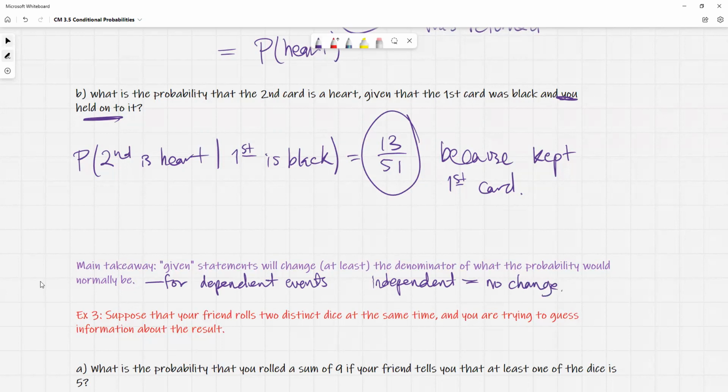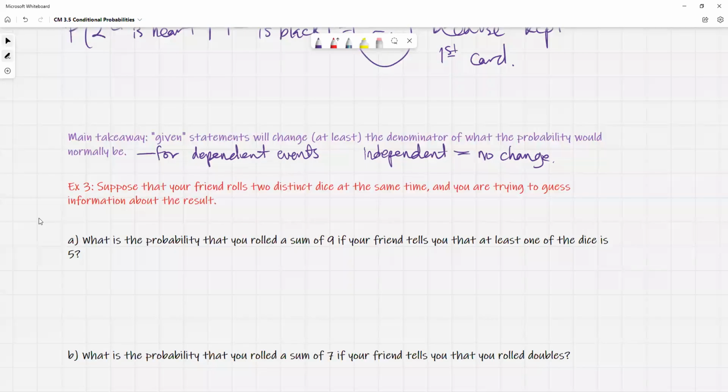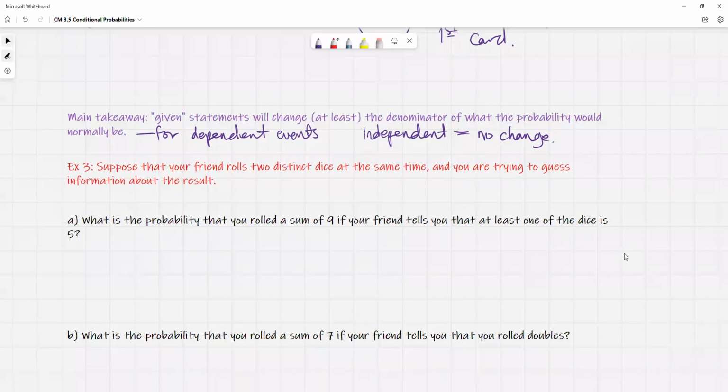Let's end with one more example. Suppose that your friend rolls two distinct dice at the same time, and you're trying to guess information about the result. First one: the probability that you roll a sum of 9 if your friend tells you that at least one of the dice is 5. Remember what we talked about in class: two distinct dice, you immediately think 36 total outcomes initially.